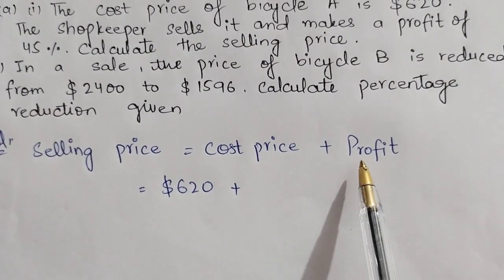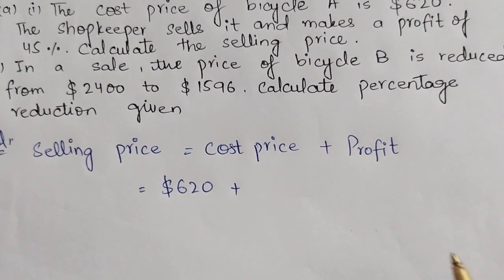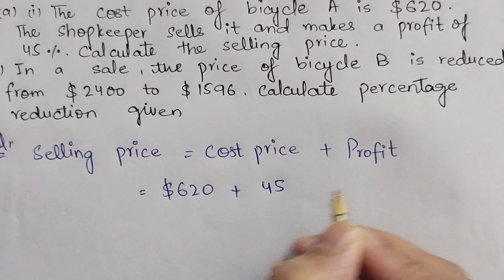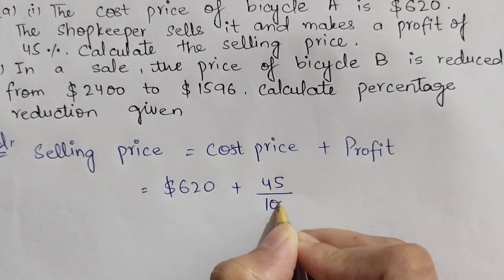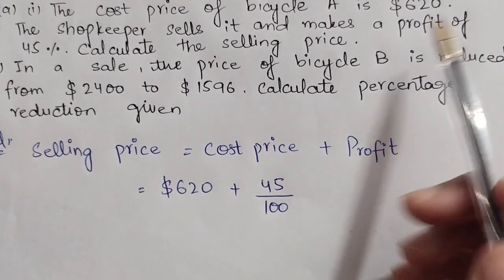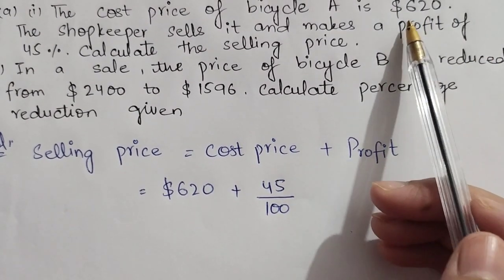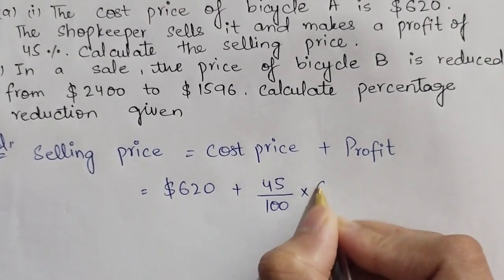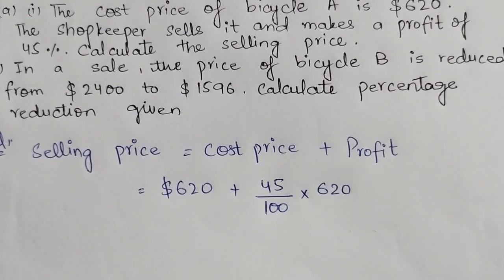It means the profit is 45 percent, so divide by 100 to convert it into a number. If he earns a profit of 45%, of what amount does he earn the profit? He earns the profit on the original price of the bicycle, so you have to multiply it by 620.